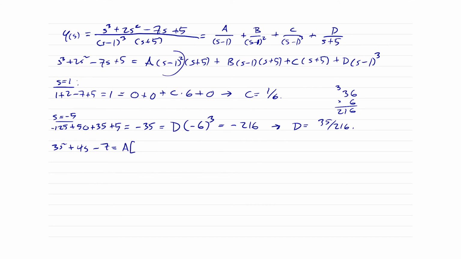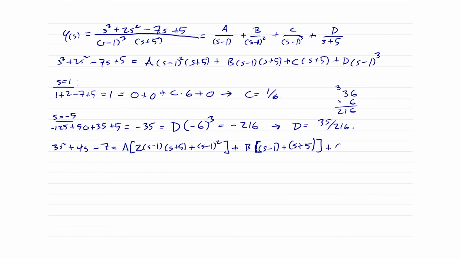So derivative of this times this plus the derivative of this times this. So it's going to be 2 times (s minus 1) times (s plus 5), and then plus (s minus 1) squared. Okay? And I get plus ab times, looks like (s minus 1) plus (s minus 5), (s plus 5).